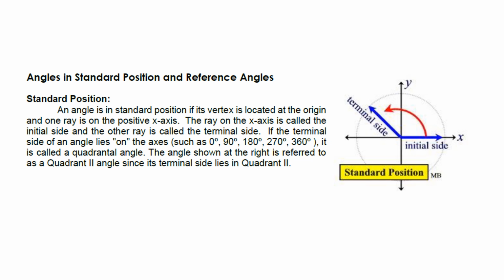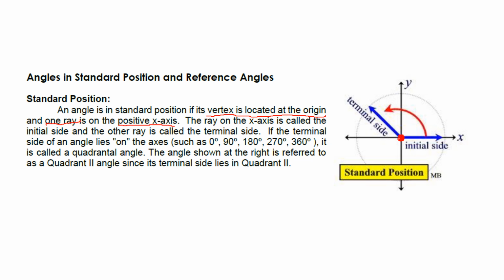Alright, so we have mentioned a while ago angles in standard position. What are angles in standard position? We can say that an angle is in standard position if its vertex is located at the origin. If you look at this, the vertex of this angle is located at the origin and one ray is on the positive x-axis.